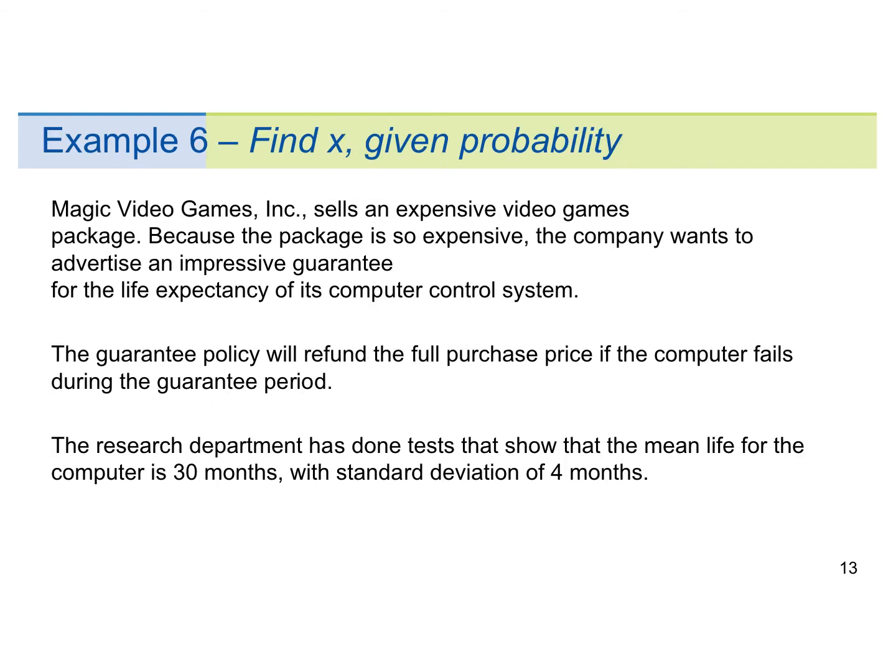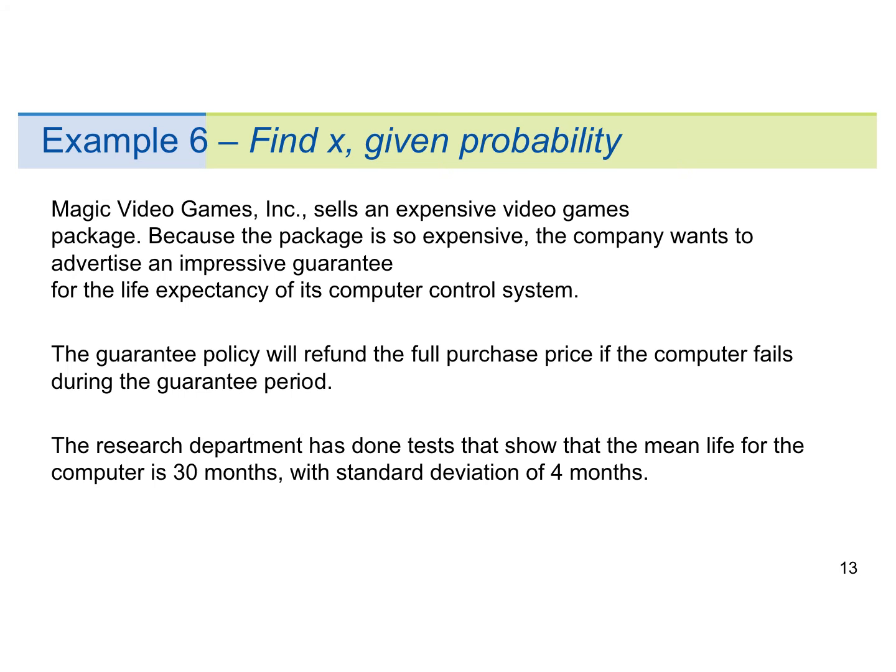And now to use the inverse. Okay. So this example says, Magic Video Games Incorporated sells an expensive video game package. Because the package is so expensive, the company wants to advertise an impressive guarantee for the life expectancy of its computer control system. The guarantee will refund the full purchase price if the computer fails during the guaranteed period.